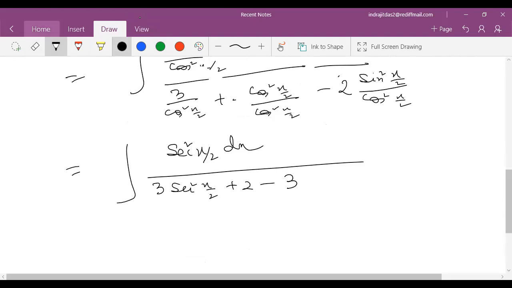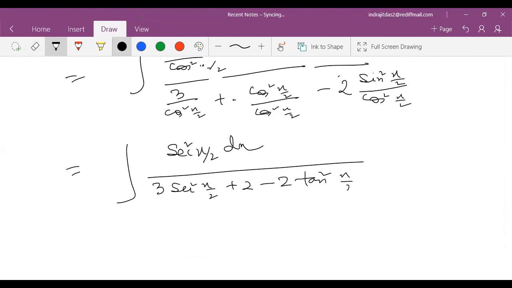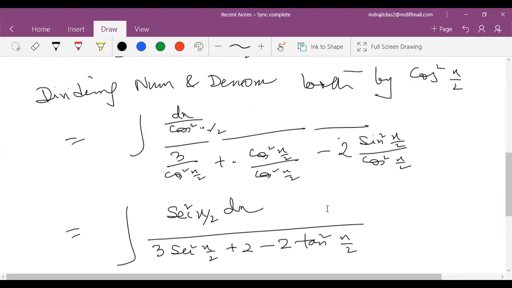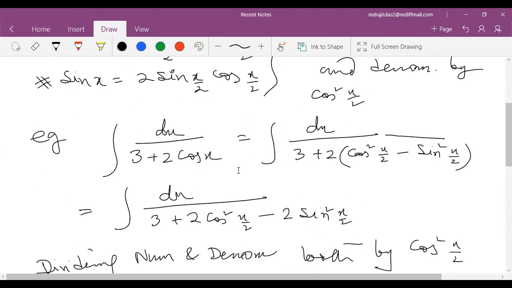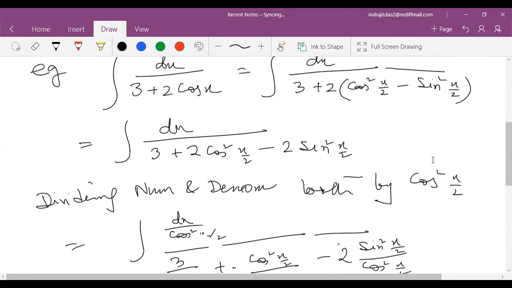So once more, let us focus on this question from the beginning. 3 plus 2 cos x, instead of cos x you write cos square x by 2 minus sin square x by 2.